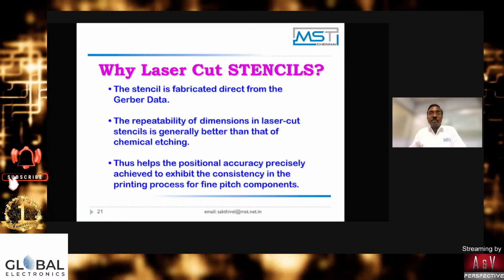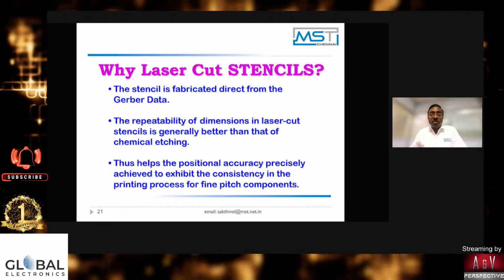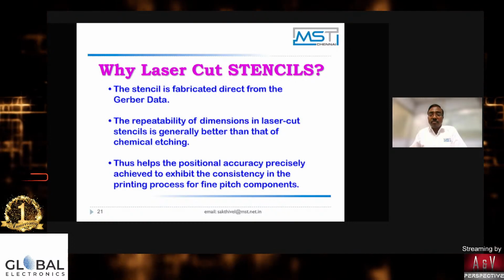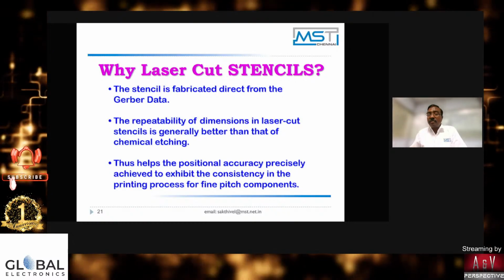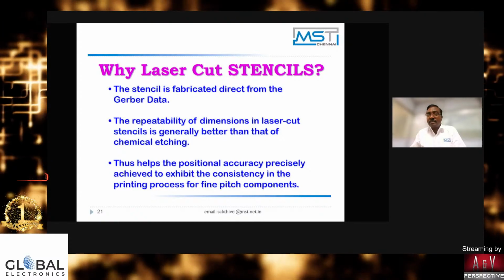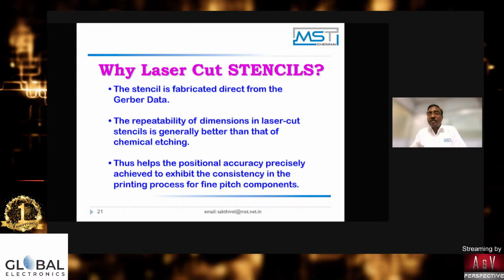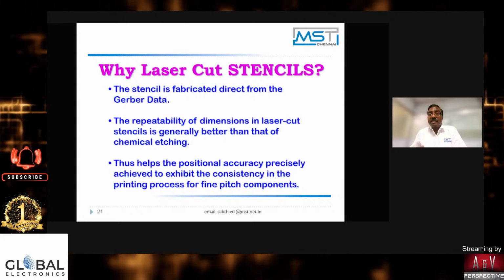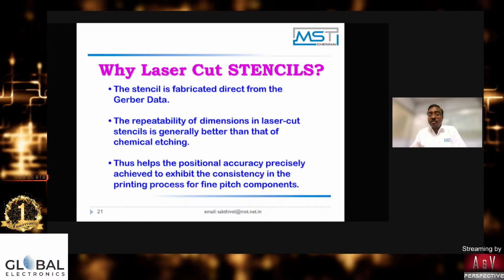Tight tolerance, the pitch between each hole. Nowadays it is squeezed to 0.3 mm pitch, where you can create only 0.15 as the opening and 0.15 as the gap. That is a tight tolerance which cannot be attained with the etching method. But with the laser method, definitely it is possible.